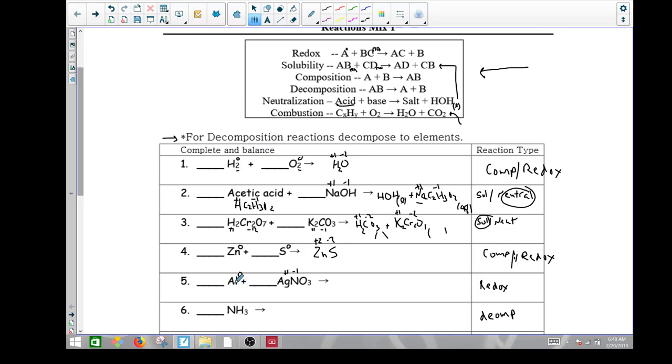All right, so here, again, we have metals exchanging with metals. So the silver will be taking its only other charge, which is going to be 0. And the aluminum can only take its only charge, which is going to be a +3. That's the exchange of electrons. And then the nitrate is a spectator ion.